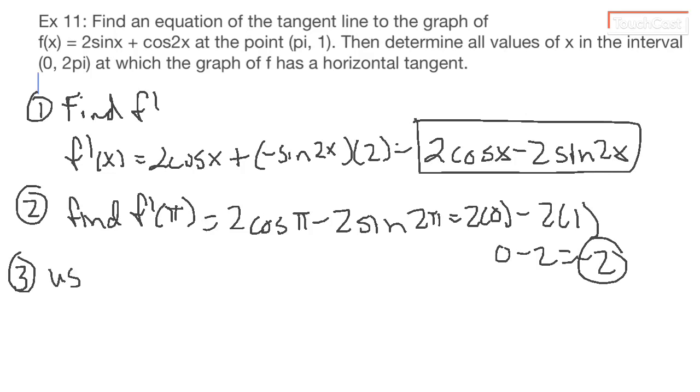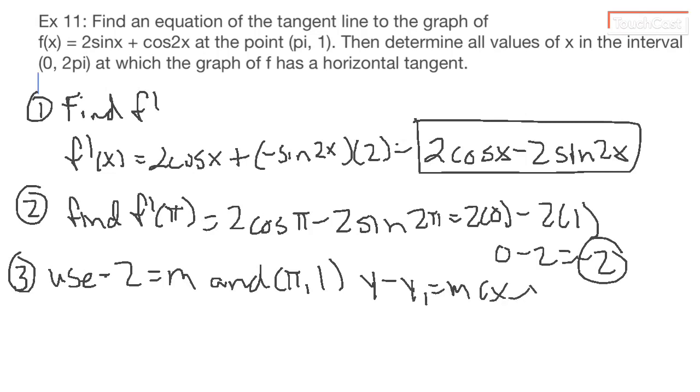We're going to use negative 2 as m and pi, 1, and we're going to use point slope form. y minus y1 equals m times x minus x1. So we're going to have y minus 1 equals negative 2 times x minus pi, which we can distribute the negative 2.